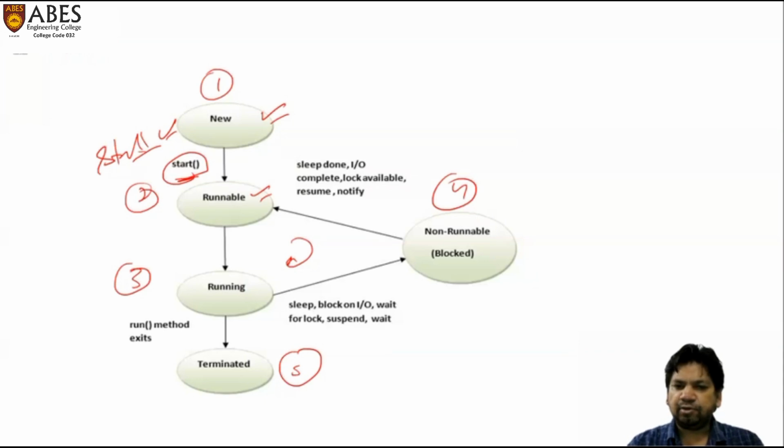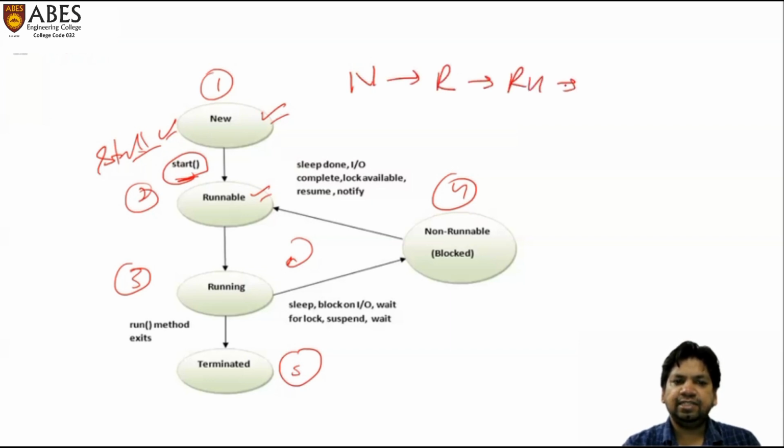So the process goes runnable, running, non-runnable, then again runnable, running, non-runnable. From running, a thread goes to non-runnable by sleep, block, input output, wait for the lock, suspend and wait. After running, it terminates. Simple: new, then runnable, then running, then non-runnable, and terminate.